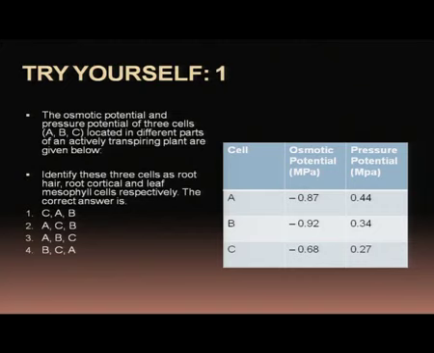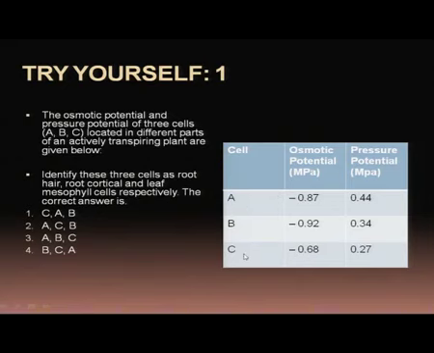Now, in the last part of the class, I had given you some questions also. I hope you have tried to solve them. Let us try to solve them here. First question was, the osmotic potential and pressure potential of three cells, namely A, B and C, located in different parts of an actively transpiring plant are given below.